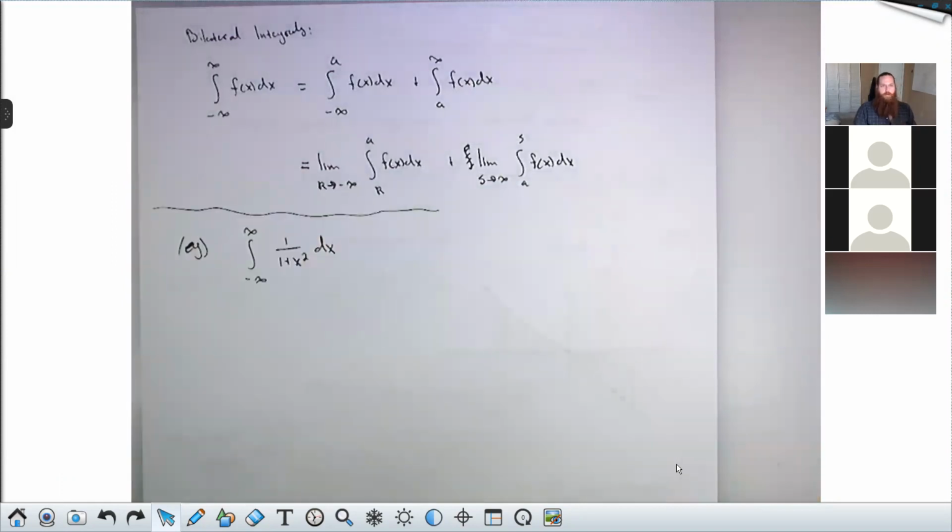You guys are probably sensing my fondness for arctangent at this point. How would I do this problem? What's my first step going to look like?